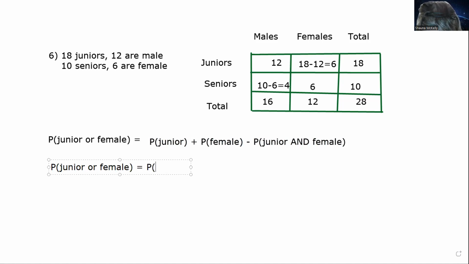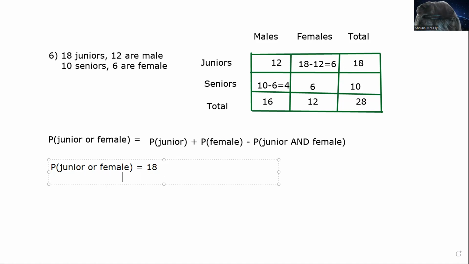the probability of being a junior. What is it? Well, how many juniors do I have? 18. So this is 18 out of how many?